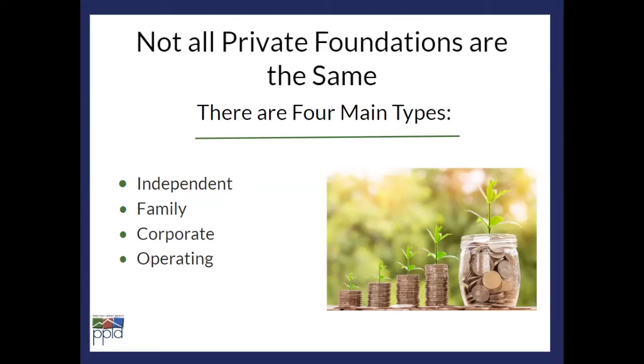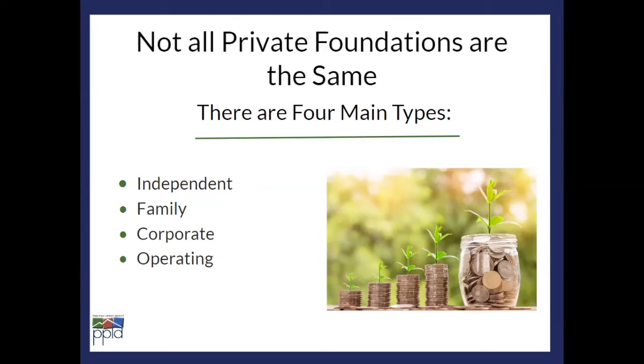Conversely, some private foundations with significant grant making initiatives don't have the word foundation in their name at all. Examples of the big ones are the Carnegie Corporation or the Duke Endowment. In addition, there are various types of grant makers. We've got private foundations, which are probably the type that most of you have heard about, but there are actually independent foundations.